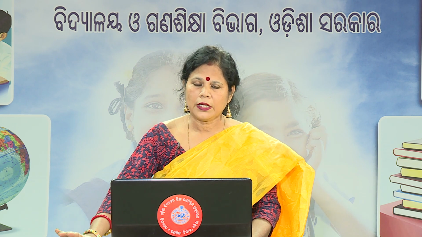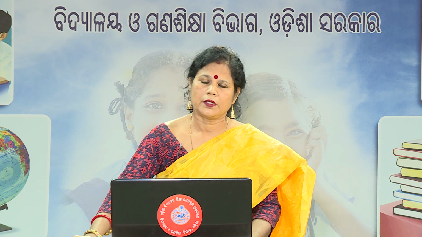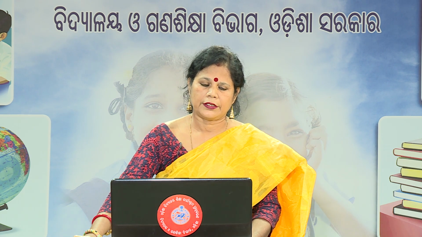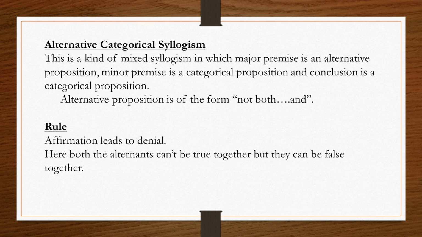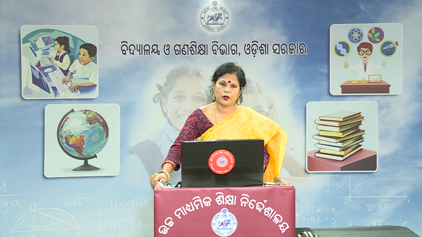Now let us see the rule. The rule says that affirmation leads to denial. That means, if one of the alternatives is affirmed in the minor premise, then the other alternative must be denied in the conclusion.